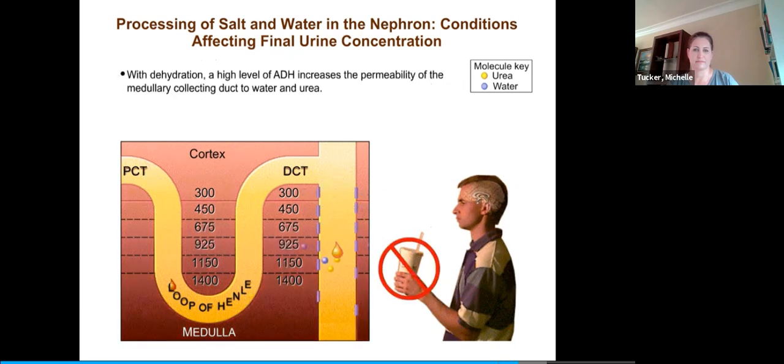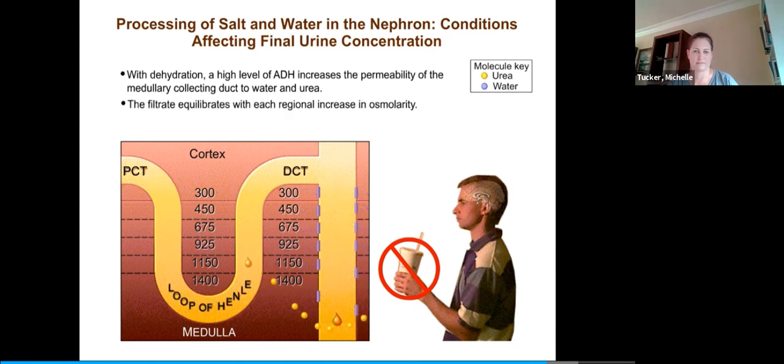With dehydration, a high level of ADH creates two important changes. First, it causes additional luminal water channels to be added to the duct, which increases its permeability to water. Second, it increases the permeability of the duct to urea, which in turn increases the interstitial osmolarity. This increased osmolarity draws additional water from the filtrate.